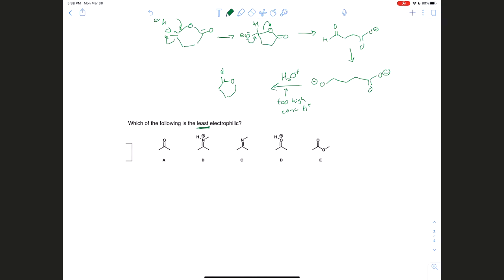So an ester would actually be less reactive or less electrophilic than a carbonyl compound. And that's because of the resonance structure that occurs. We can think about how sodium borohydride can reduce this, no problem, but sodium borohydride cannot reduce esters. That's because it's less electrophilic.